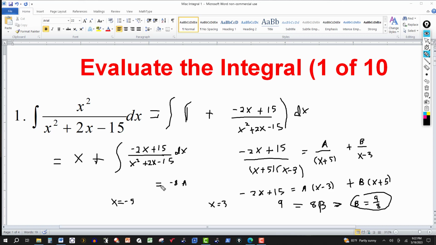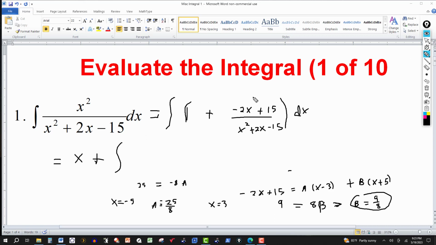And on the other side, negative 5 times negative 2 would be 10, and 15 is 25. So I get negative 8a is equal to 25. So a would equal 25 over negative 8, or just make it negative 25 over 8.